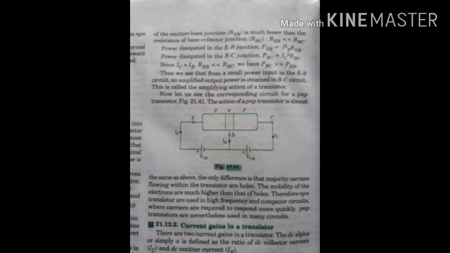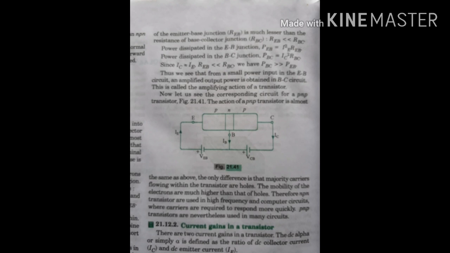A transistor has a very unique property, that is the amplifying action. The emitter base junction is forward biased and the collector base junction is reverse biased in a transistor. So the resistance of the emitter base junction is much less than the resistance of the collector base junction. That means REB is very much less than RBC.